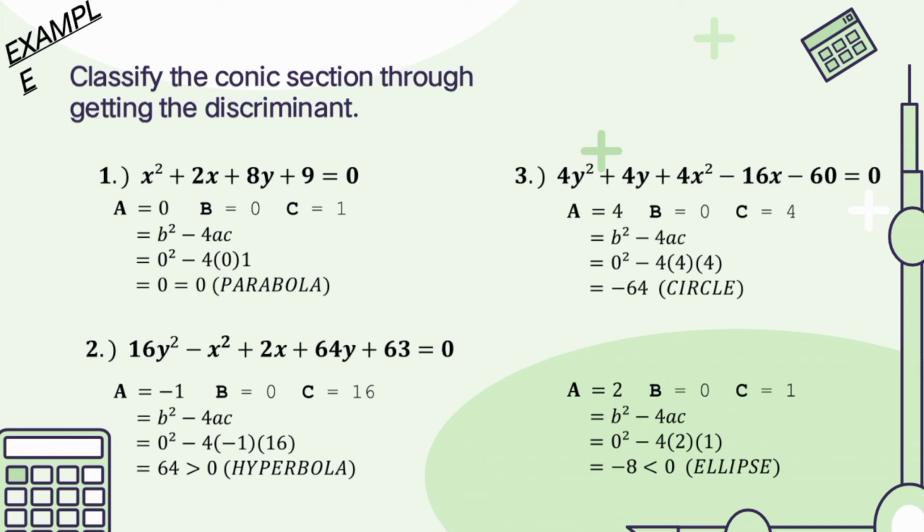In the given example number 3, 4y squared plus 4y plus 4x squared minus 16x minus 60 is equal to 0, we do the same as in 1 and 2.